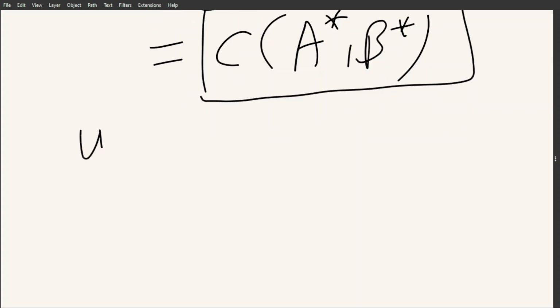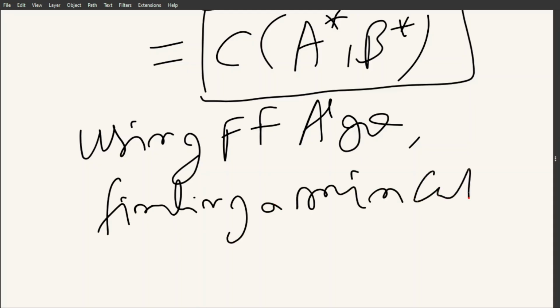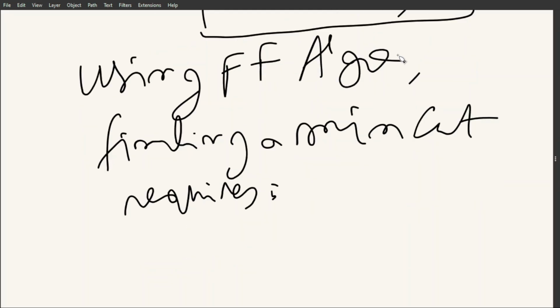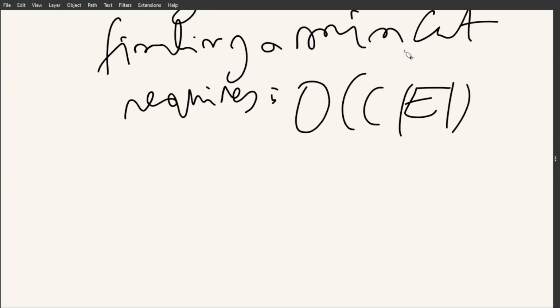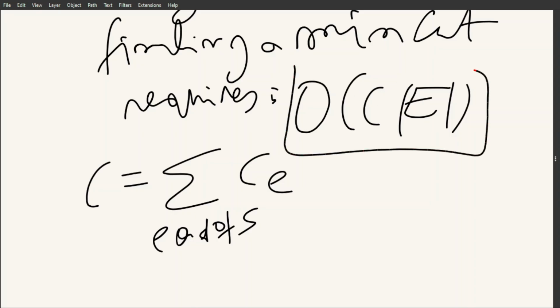Using the Ford-Fulkerson algorithm, finding a min cut requires the following. First, the Ford-Fulkerson algorithm in itself will require big O of C E time, where the constant C we define as the sum of all capacities c(e) for e out of S, where S is the source node. So first we apply the Ford-Fulkerson algorithm and find the maximum flow; time complexity is big O of C E.